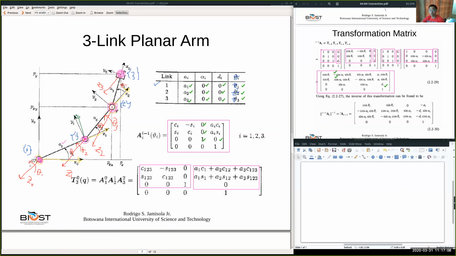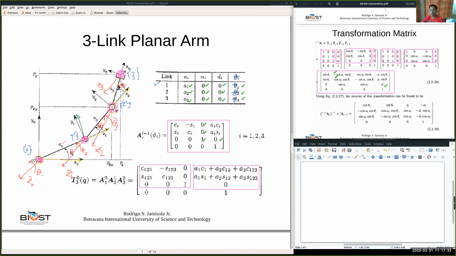Okay, let's interpret this. It looks like here the rotation is very simple. It rotates about the z-axis all the time because this is 1 and the rest of them are 0. That's true because the z-axis, as you can see, is always coming out of the paper.